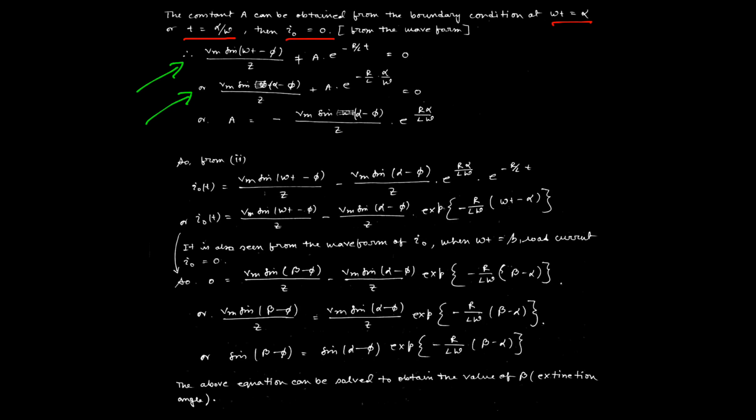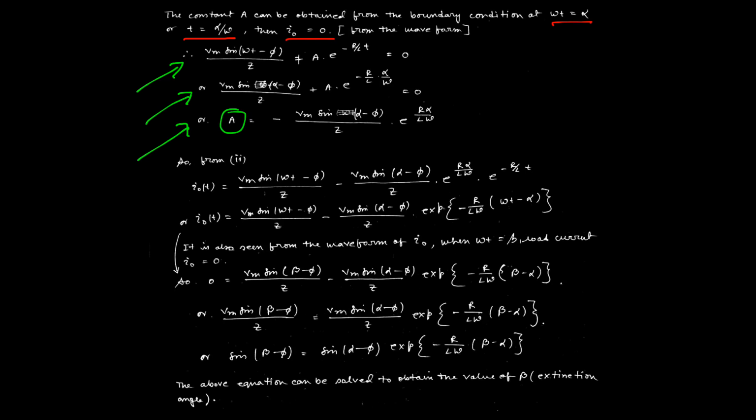As we know, t equal to alpha by omega, we have put the value, that is t equal to alpha by omega. So we can have the result, that the constant part A is equal to minus Vm sin (alpha minus phi) divided by z into e to the power R alpha by L omega.